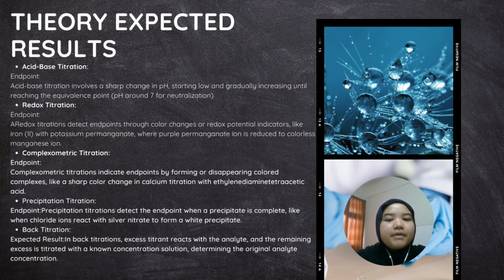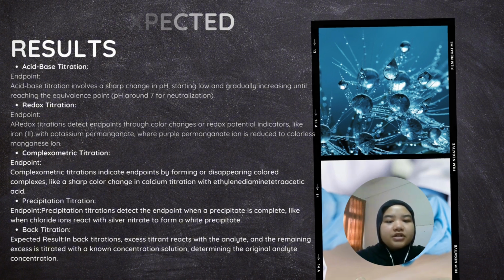The last one, back titration. The expected result is, in back titration, excess titrant reacts with the analyte and the remaining excess is titrated with a known-concentration solution, determining the original analyte concentration.